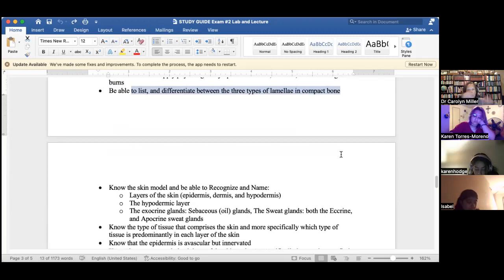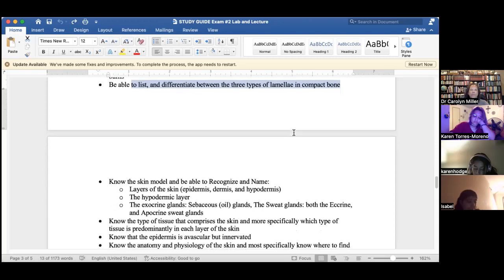Then we had circumferential lamellae around the entire circumference of the bone. And then in between those circles is what's called interstitial lamellae.